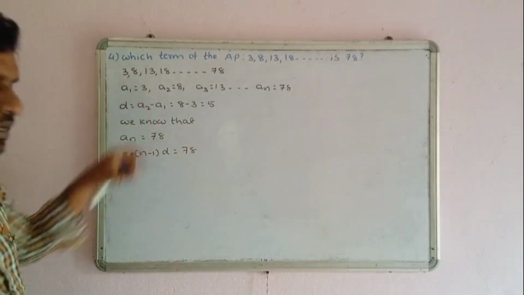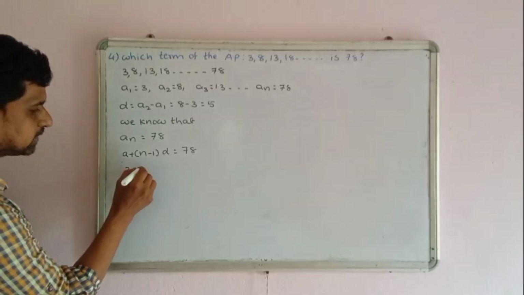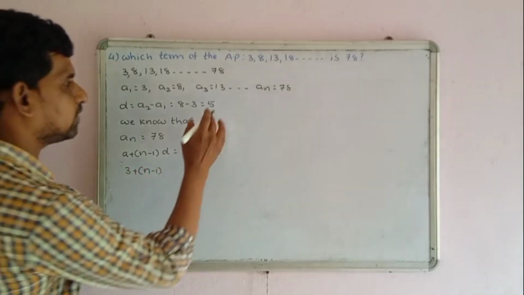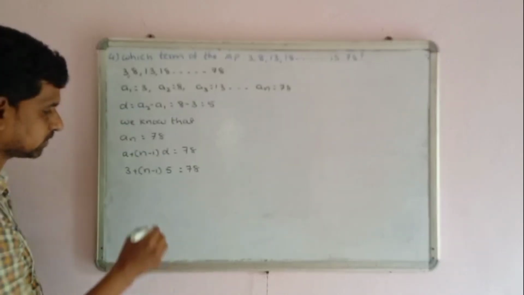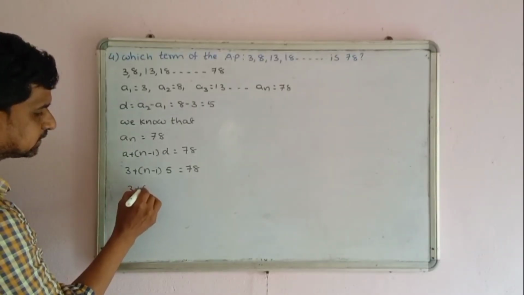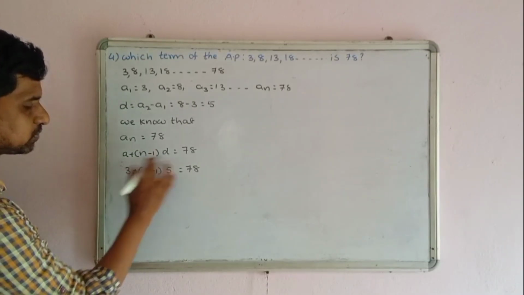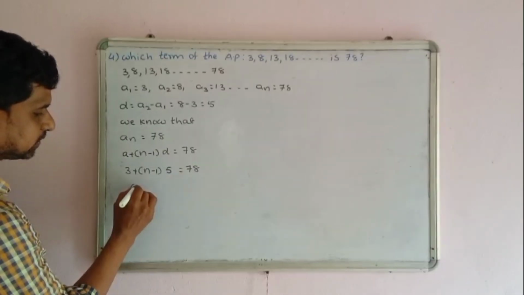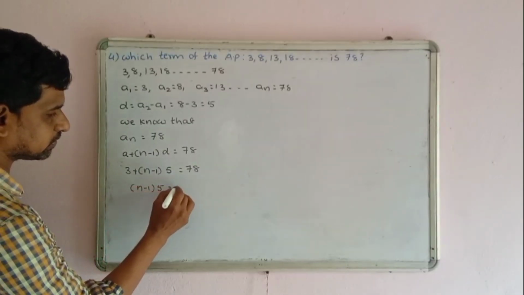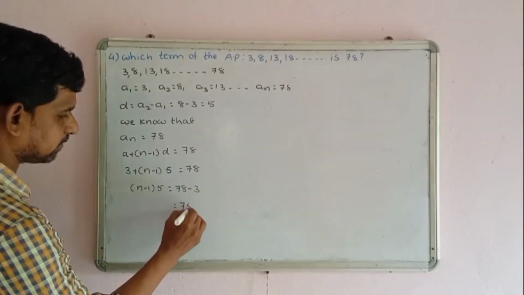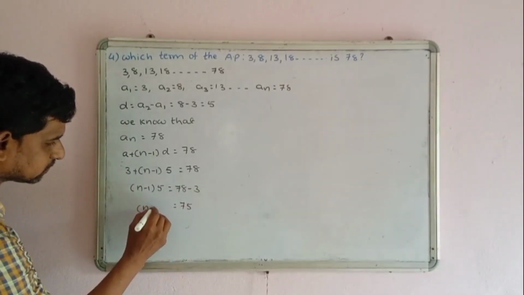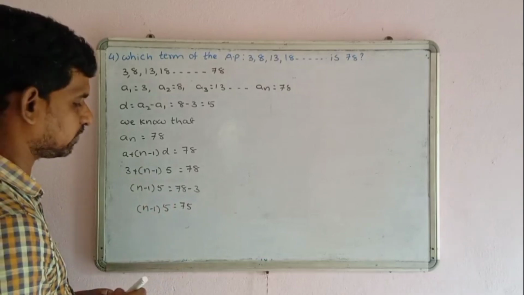Here the value of a is 3, plus n minus 1, the d value is 5, equals 78. So 3 transpose to the right side, negative 3. So n minus 1 into 5 equals 78 minus 3, that is 75. So n minus 1 into 5 equals 75.